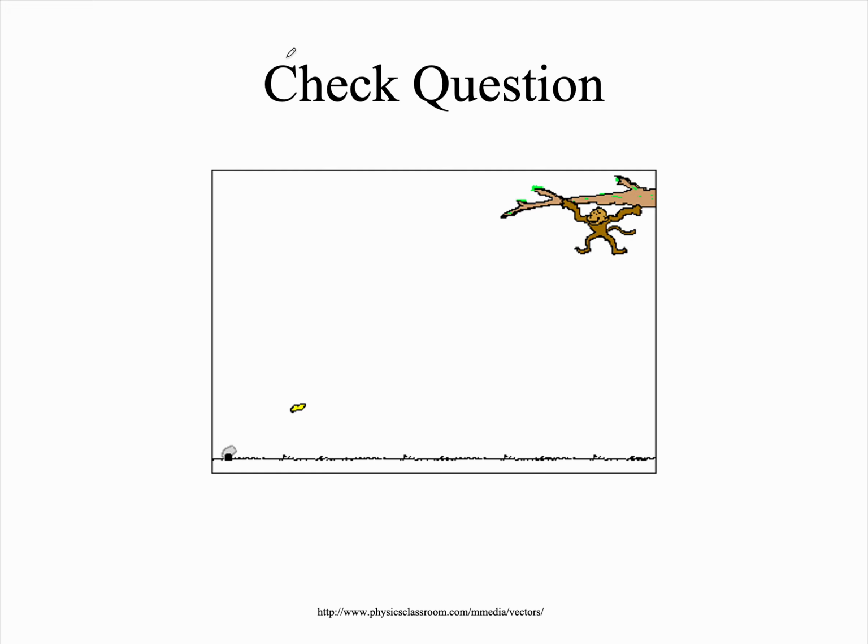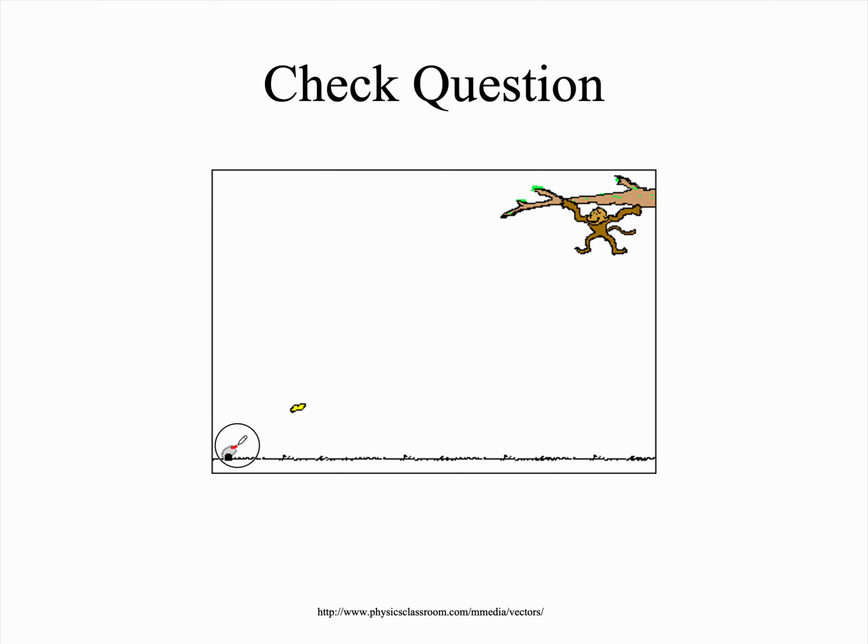So here's the question. You've got a cannon here that launches bananas, and you're trying to launch a banana to this monkey that's hanging in the tree. But there's one little twist to this story. The moment you fire your banana cannon, the monkey's going to let go of the tree and begin to free fall. So here is my question, and I want you to think about it. Where should you aim your cannon?